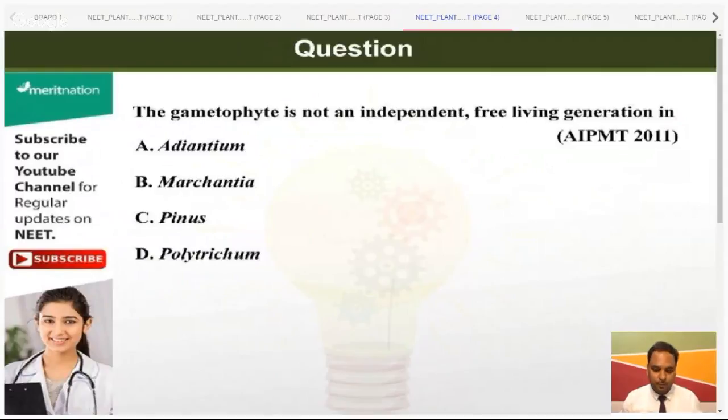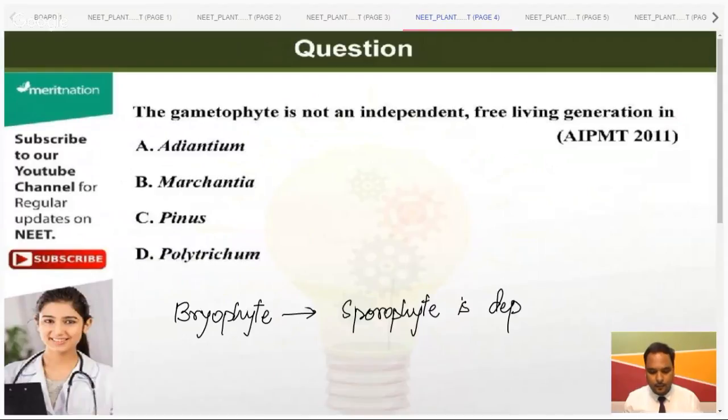See, if you remember, first of all, about bryophyte. Bryophyte has this beautiful characteristic, once again, that the sporophyte is dependent on gametophyte. Right, all of you?